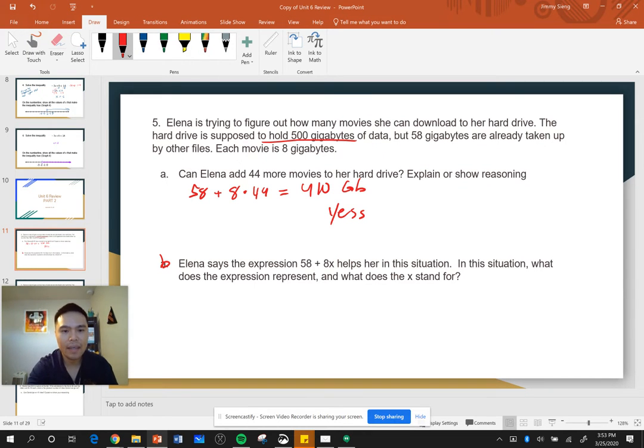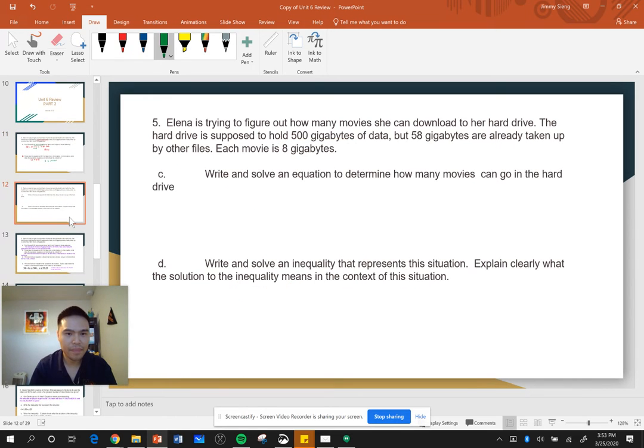That's like saying 58 plus 8 times x, right? If you look over here at our last example, we said 44. That came from the 44 movies, didn't it? So I know that x can represent movies, okay? Feeling good? Let's keep going.